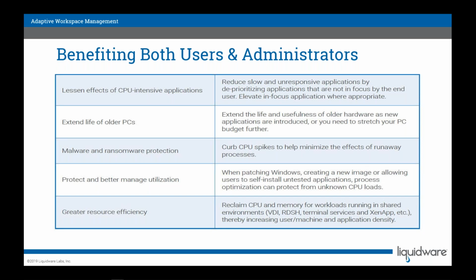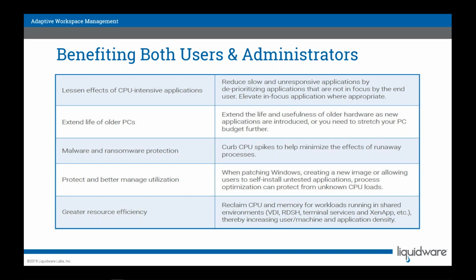The process optimization feature within Stratusphere UX profoundly helps you to extend the life of those older PCs. Again, I can't magically make resources appear where they don't already physically exist, but I can prioritize resources to create a higher level of user satisfaction and user experience by ensuring that the applications in focus are getting a priority set of resources available to them.